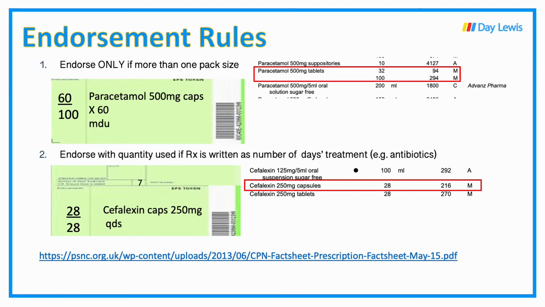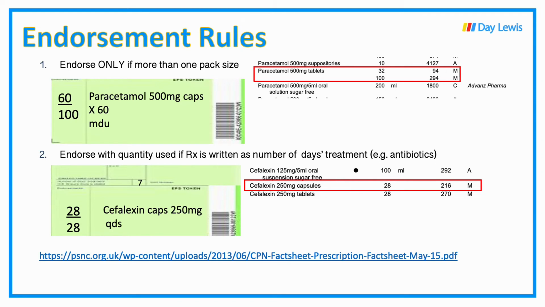So sometimes the prescriber won't give you a quantity, they'll give you a number of days treatment, so you will need to work out exactly how much of the drug you need to give out to the patient. So for this cefalexin prescription, you can see that yes, there's only one quantity of cefalexin available, but you would have to endorse in this scenario because the prescriber hasn't given you a quantity, they've given you a number of days treatment in the top middle box.